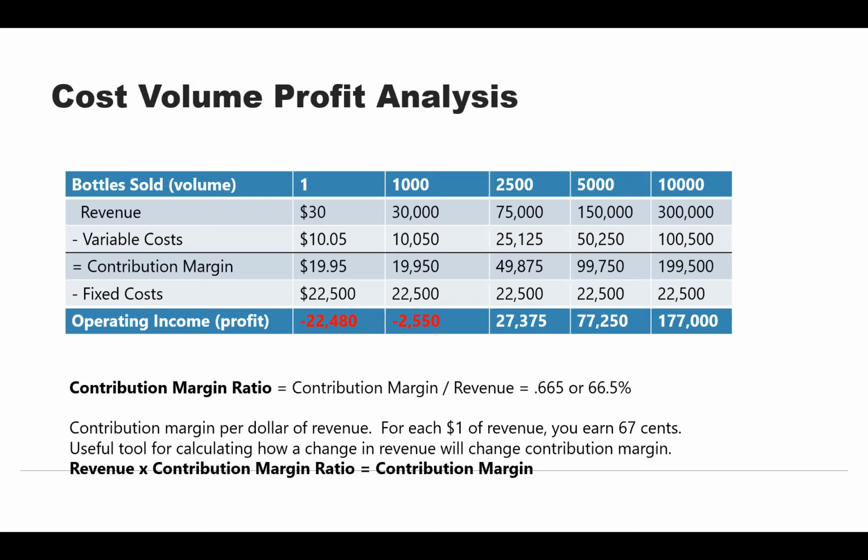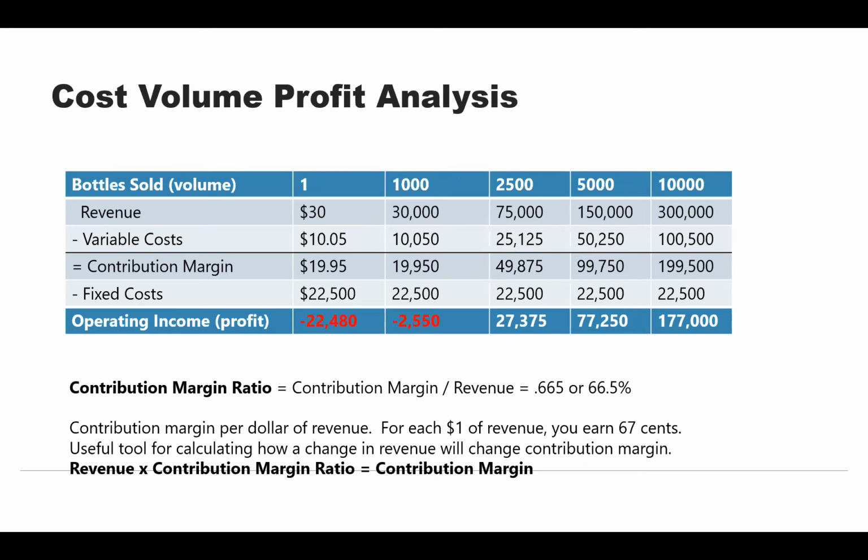At 1,000 bottles, your revenue, it's $30 a bottle. That's $30,000. Your variable costs would be $10,050, right? Because it's 1,000 times the $10.05. Your contribution margin then is your revenue minus your variable costs, $19,950, and your fixed costs are still $22,500.